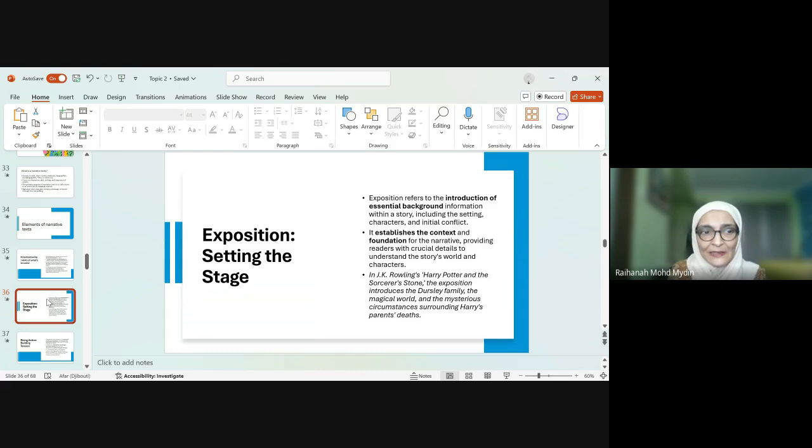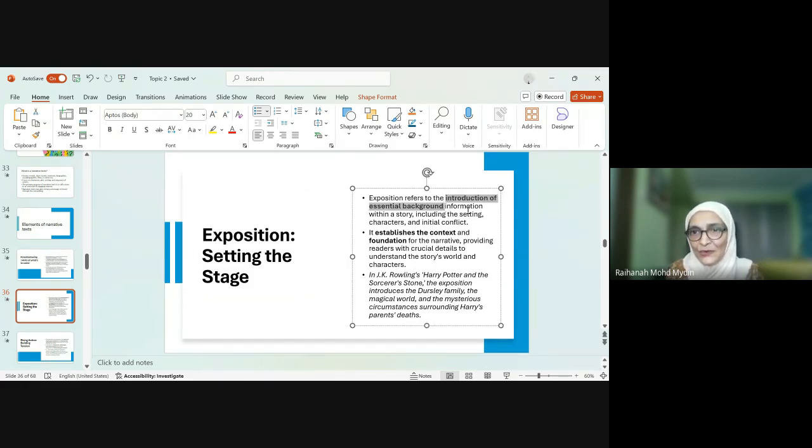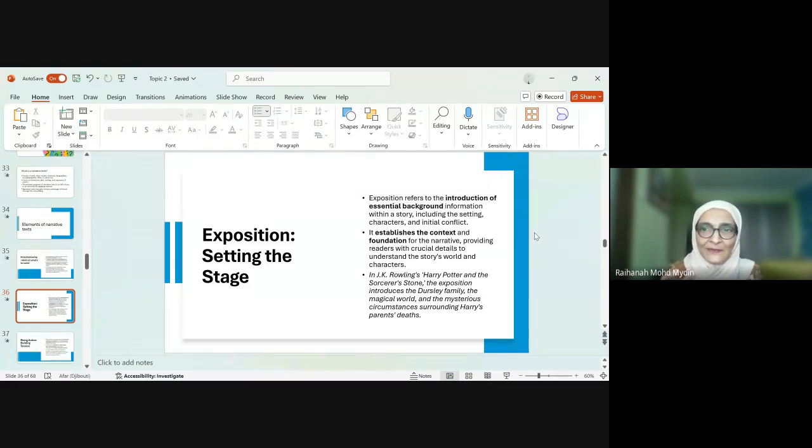Another important element of narrative is exposition. As the word suggests, it's to expose. So what is it that is being exposed? You as a reader are being exposed to the essentials of the story, the background of the story, and that includes the plot. What happened before this part of the story?